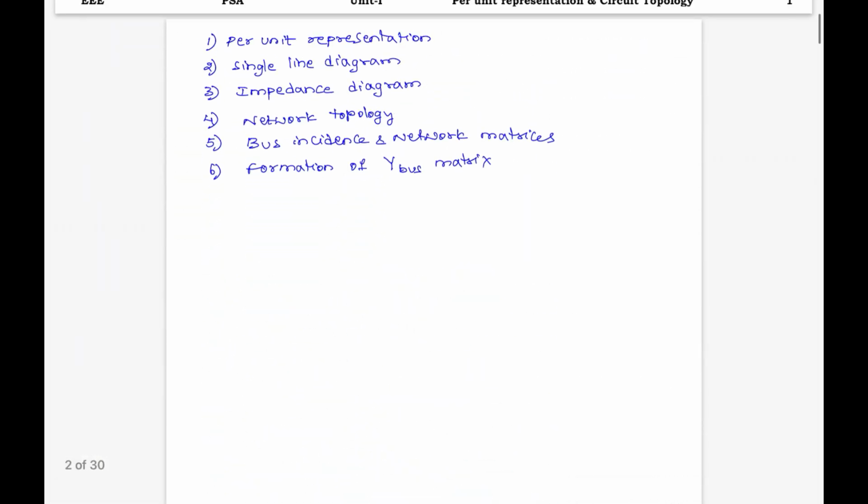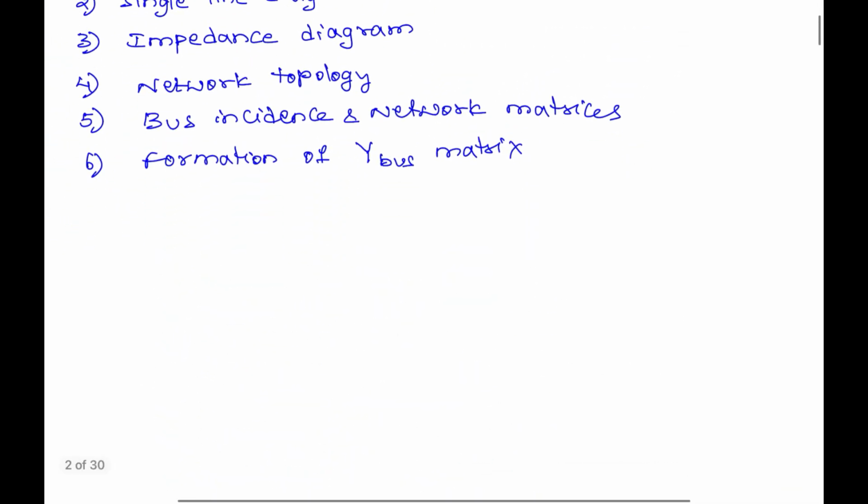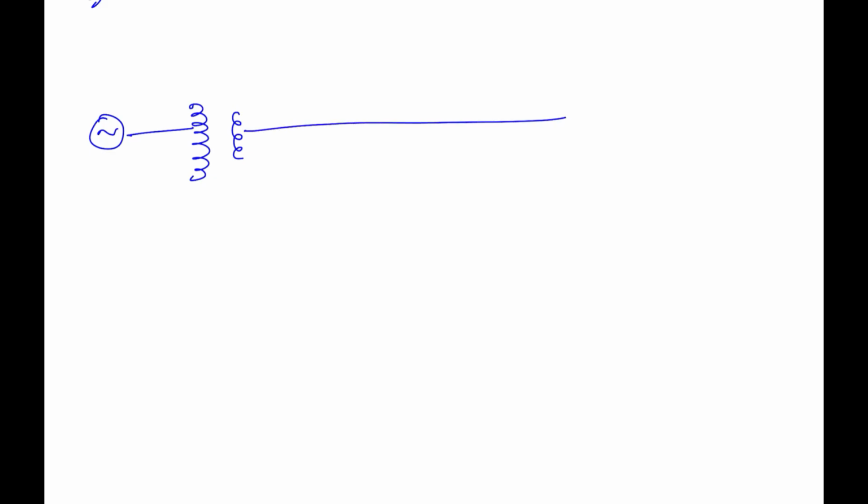Let me give a brief introduction to power system analysis. The power system consists of generating stations, which are connected to transformers, and then to transmission lines. After that we may have receiving end side transformers, and then distribution lines.